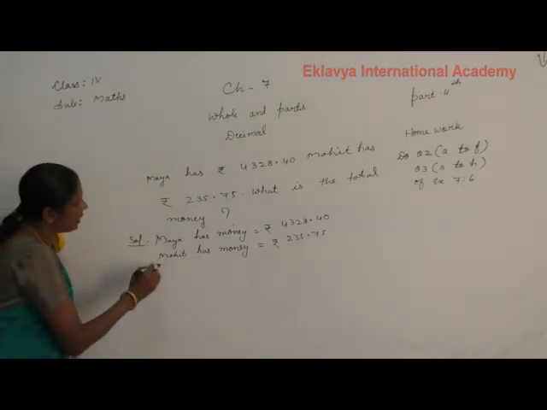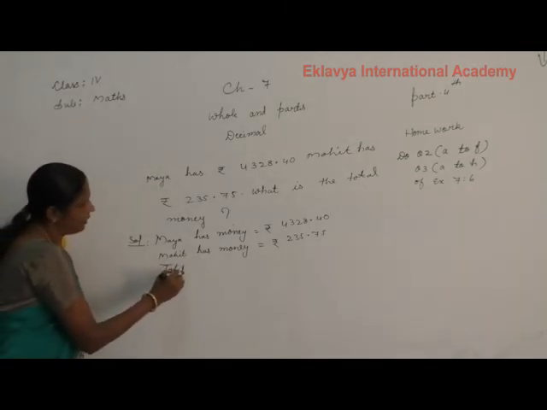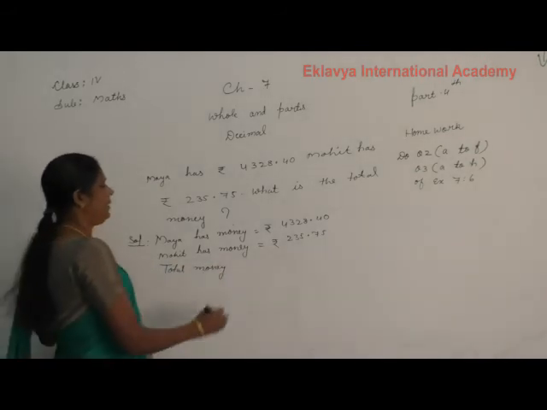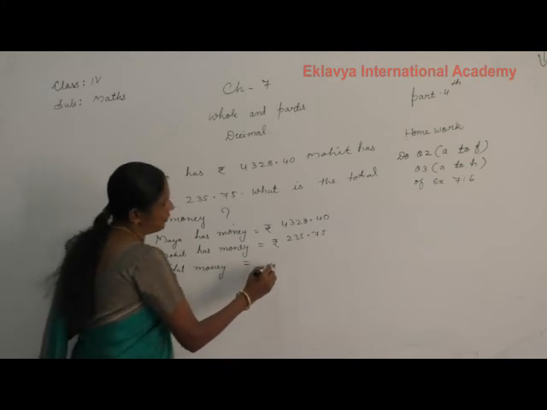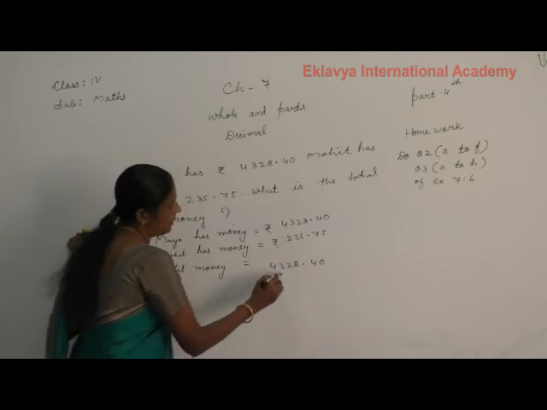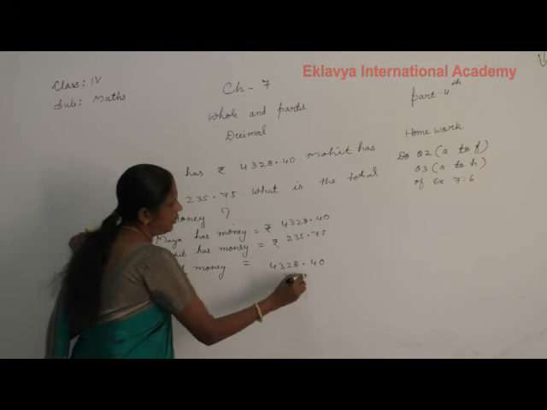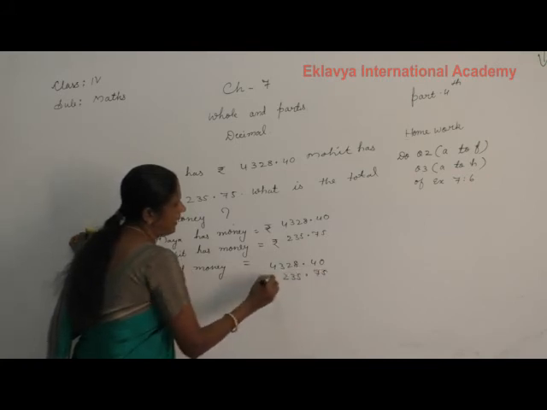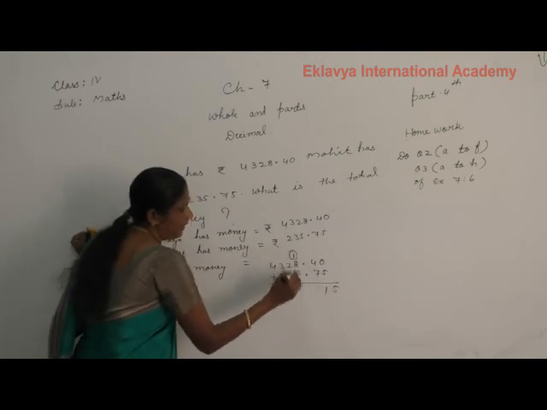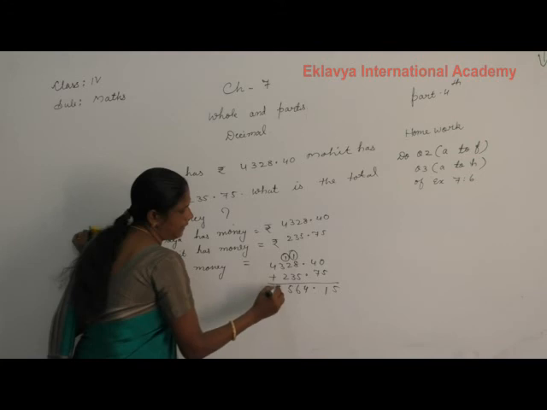Now total money is equal to 4,328.40 plus 235.75. Then add these numbers: 5, 11, carrying 1, put the point, then 14, carrying 1, 6, 5, 4.